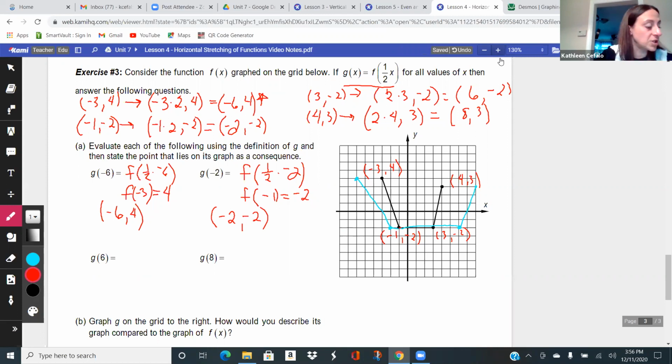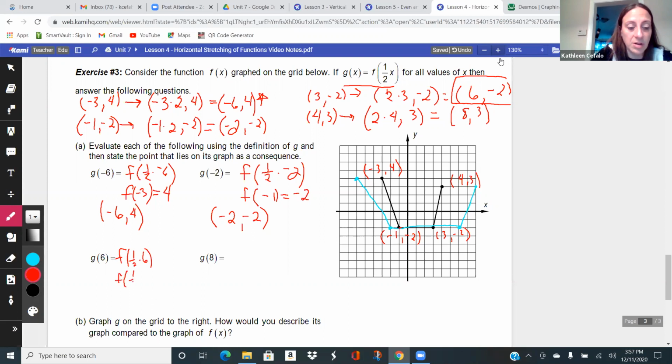Okay, so let's try it again. G of 6. So in order to find the g function, g of 6, okay, and notice again, we already have this answer back here because we did the calculations already. All right, the g of 6 means I should be able to say, according to the f function, it should be the f of 1/2 times 6.